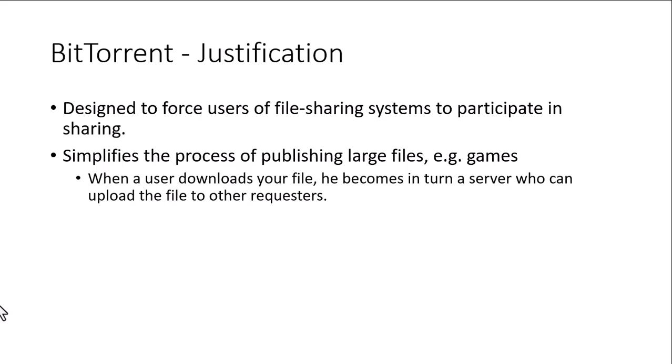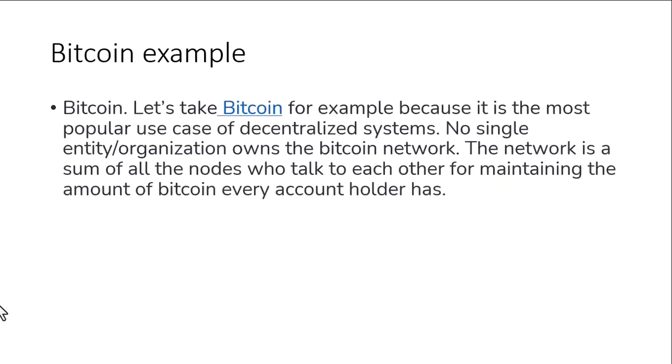If you want to download a game, the game size is quite large, so it is looked up in different peers. When a user downloads a file, he becomes in turn a server who can upload the file to other requesters. So when a leecher downloads the file, he becomes the seeder.